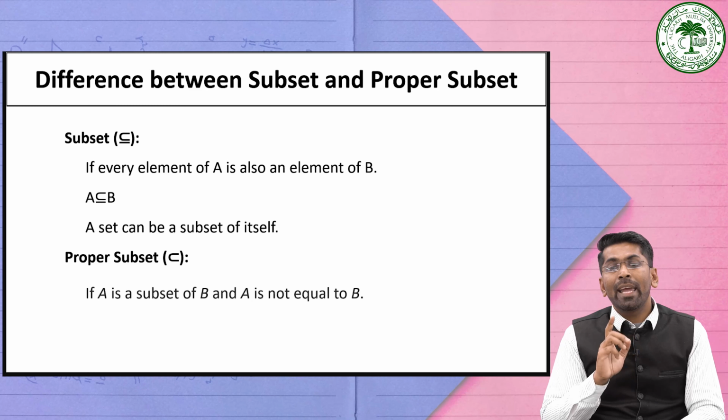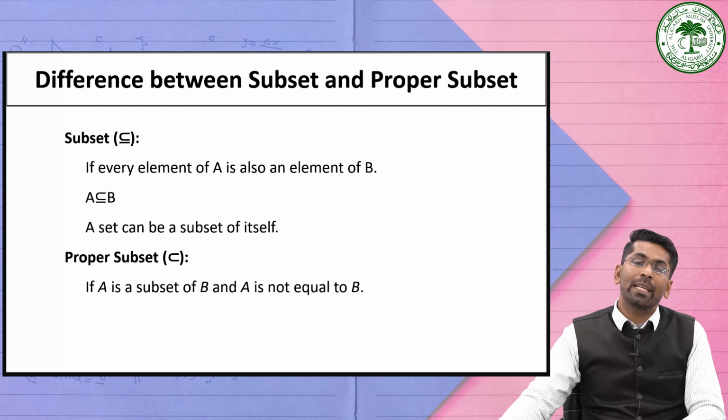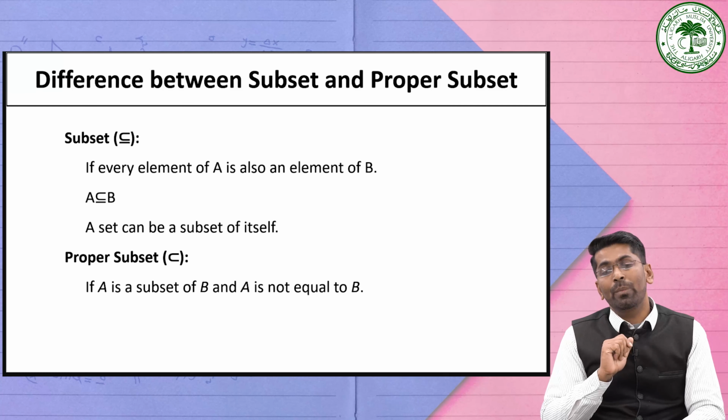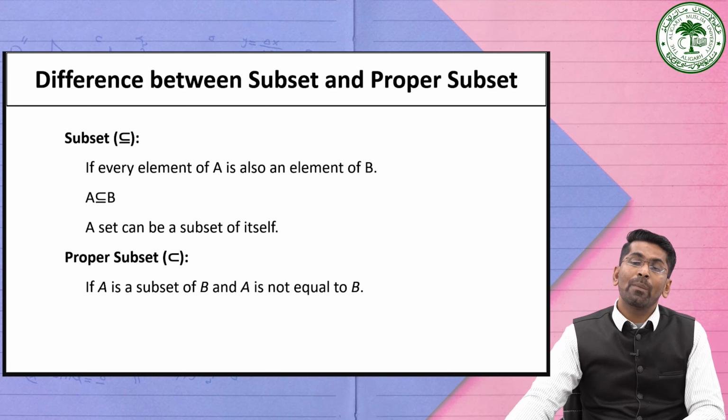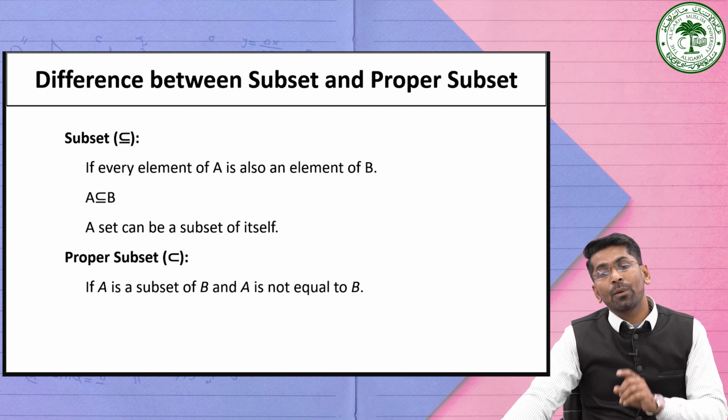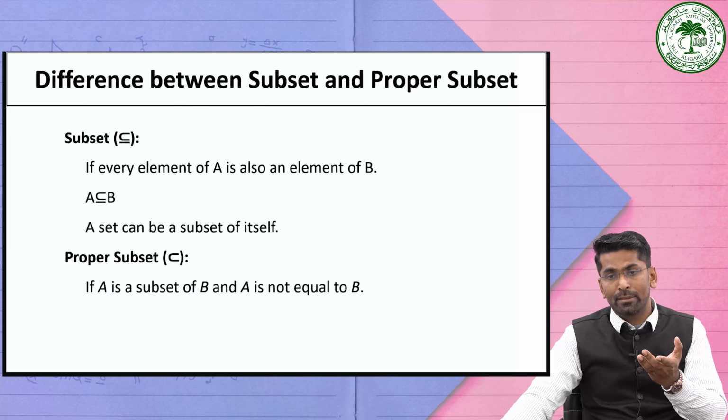Set A is a proper subset of set B if A is a subset of B and A is not equal to B. It means that all the elements of set A are in set B, but B contains at least one more element.